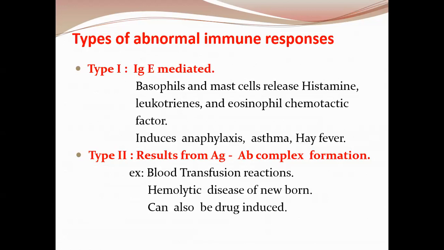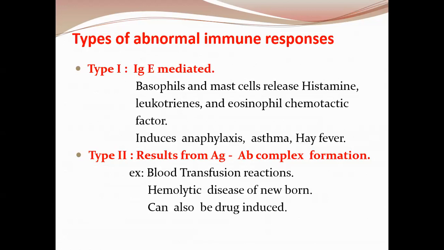Another example of type 2 hypersensitivity is hemolytic disease of the newborn, also called erythroblastosis fetalis. In erythroblastosis fetalis, the anti-Rh IgG antibodies produced by an Rh negative mother cross the placenta, bind the RBCs of the Rh positive fetus, and damage them.